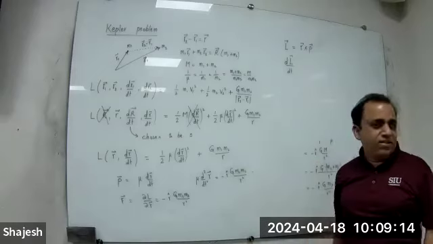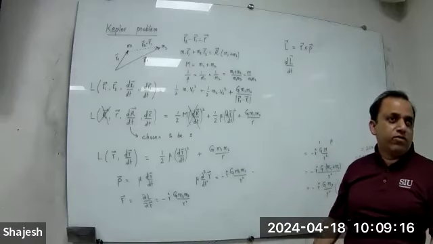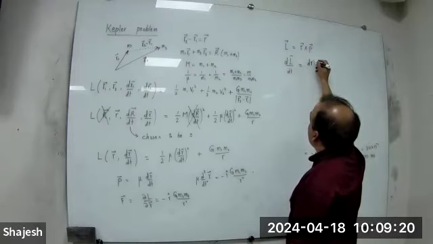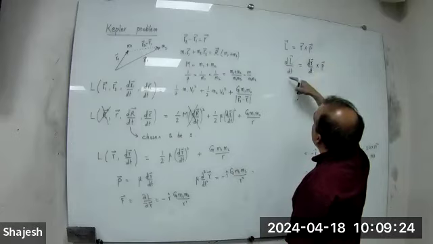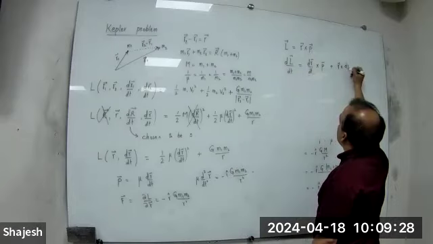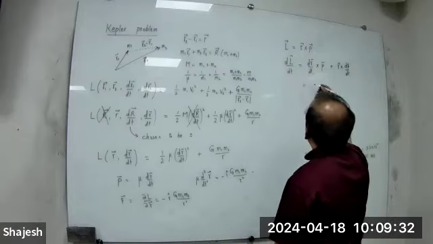But let's see what happens based on our equations. dL/dt is equal to dr/dt crossed with p, plus r cross dp/dt, right? And you've probably seen this in homework and various other places.